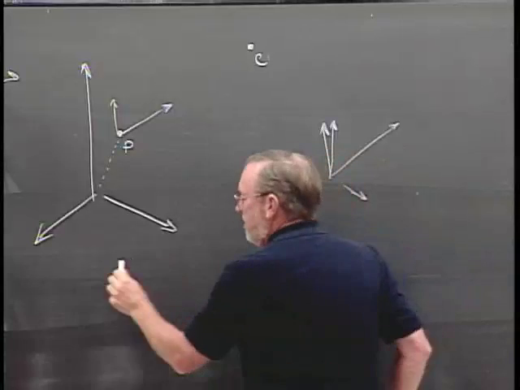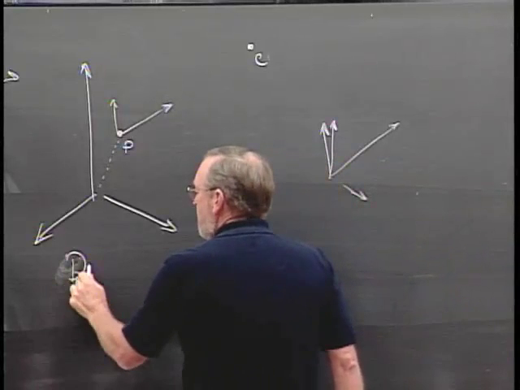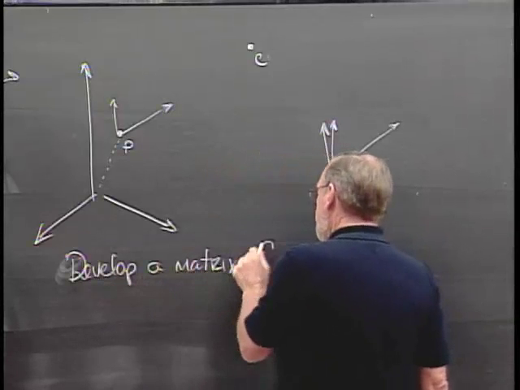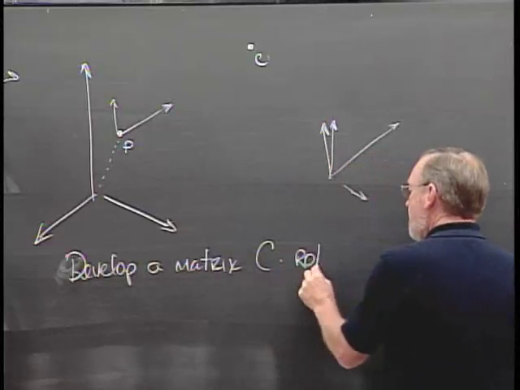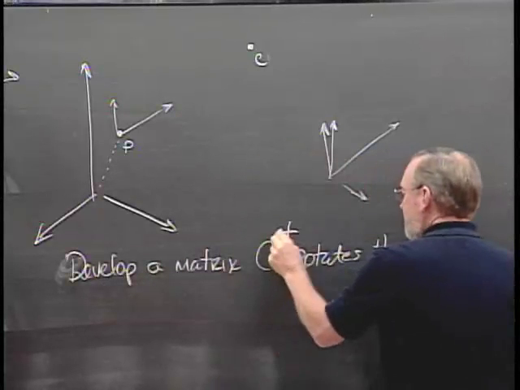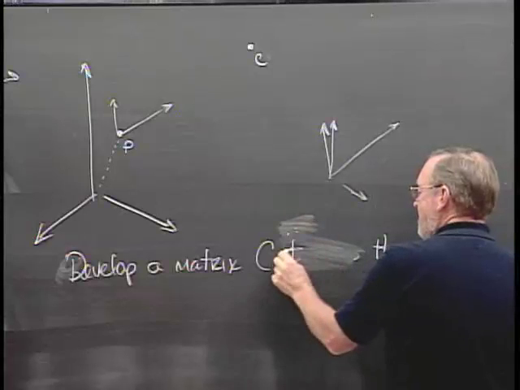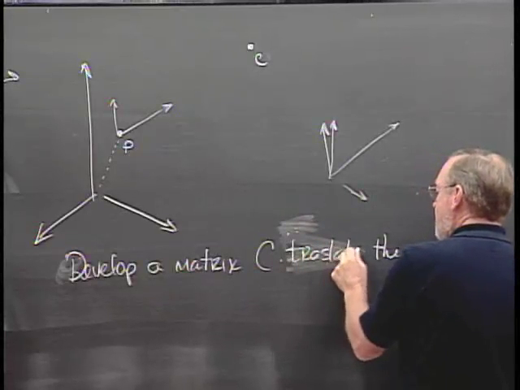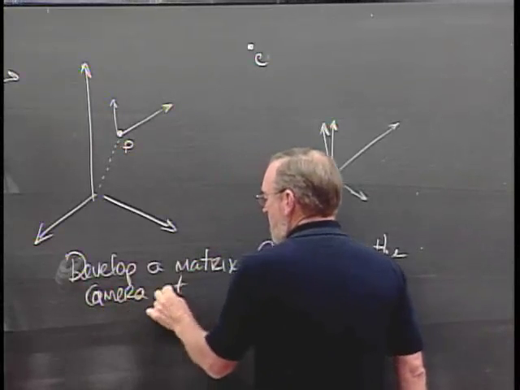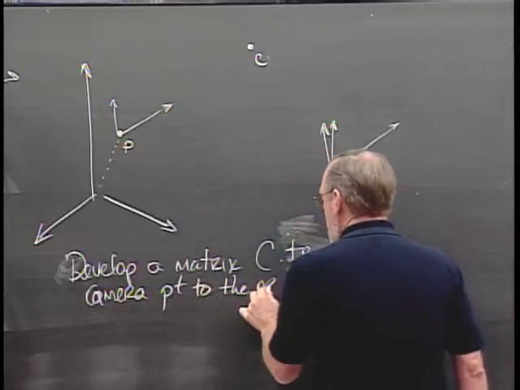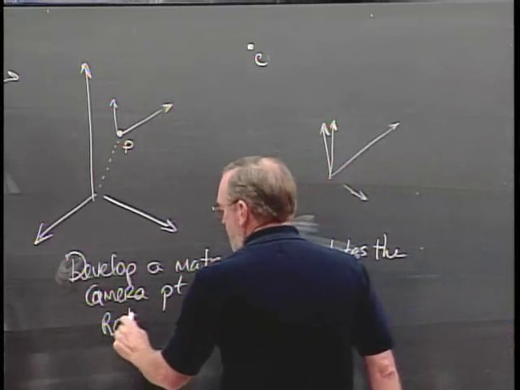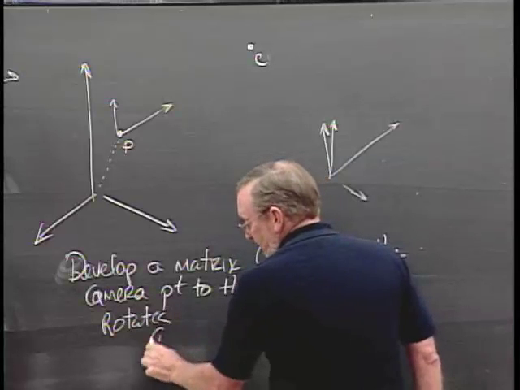So there's a matrix. What we do is we develop a matrix C, which translates the camera point to the origin, and rotates so that two things happen.